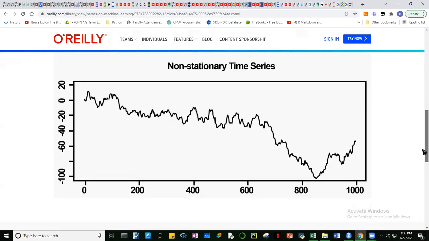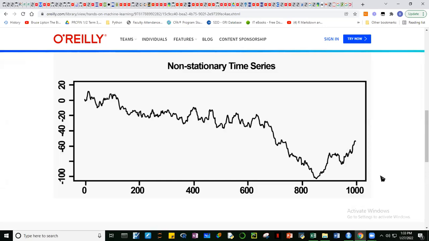Tingnan nyo to. O yan, tingnan nyo, guys. What do you see, guys? Dito, sa portion na to, guys, kung kunin mo yung average, dito siya. Pero pagdating dito sa time na to, yung average ng values dito, iba na. So may trend siya kasi pababa yung trend niya. So pag may trend guys, hindi stationary yan. Okay?